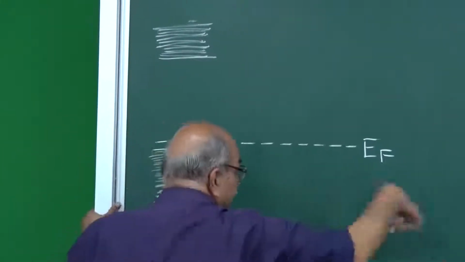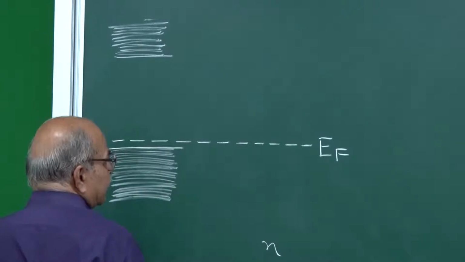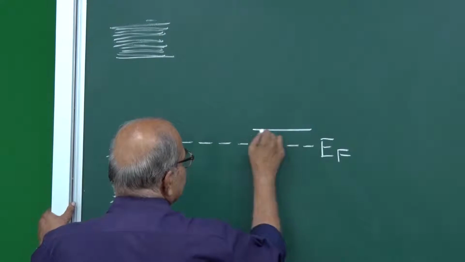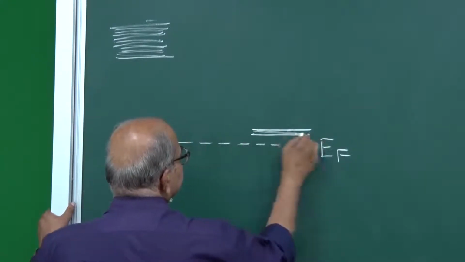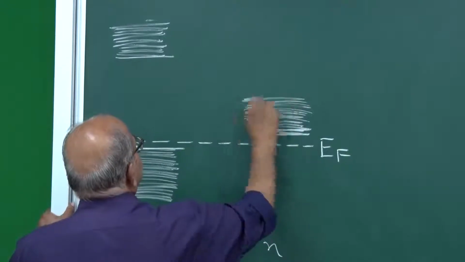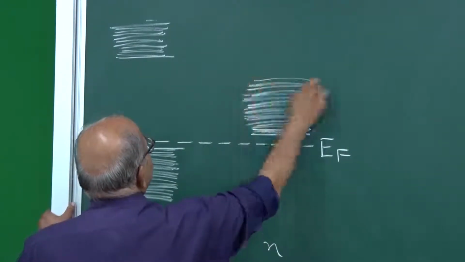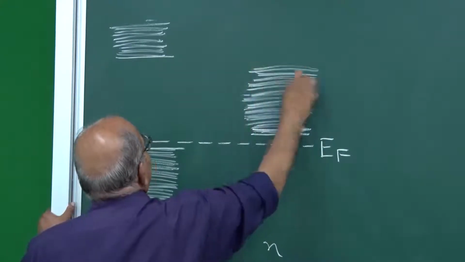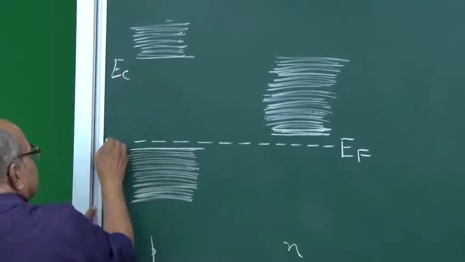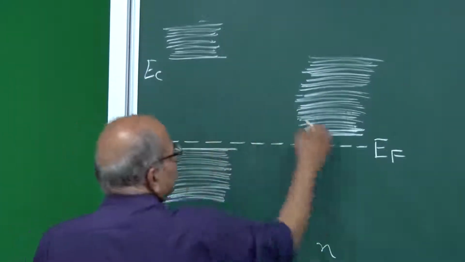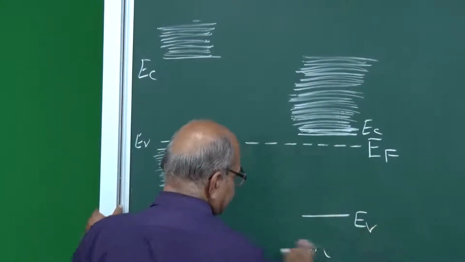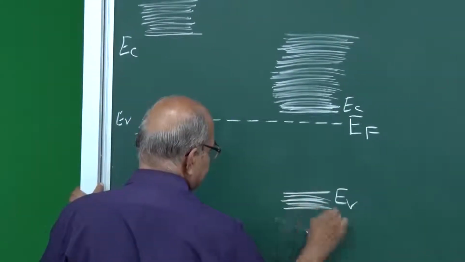And then on this N side, the conduction band starts here. These are the conduction band energies. All these quantum states correspond to the conduction band. So this is EC here, this is EV here, then this is EC here, and EV will be somewhere here. So the quantum states are here.